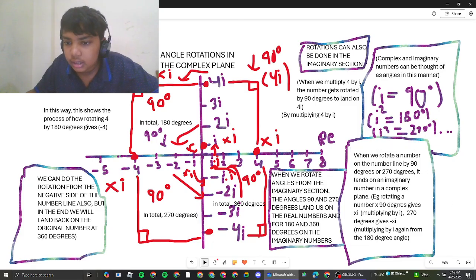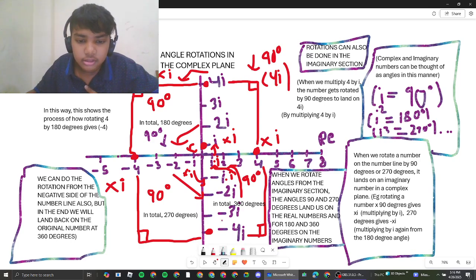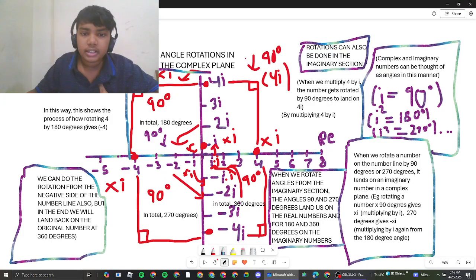For example, 4: if I multiply by I, my 90 degrees will get 4i. But if I have 4i and multiply this by I, I'm gonna land on -4, because I squared is -1. Understood?